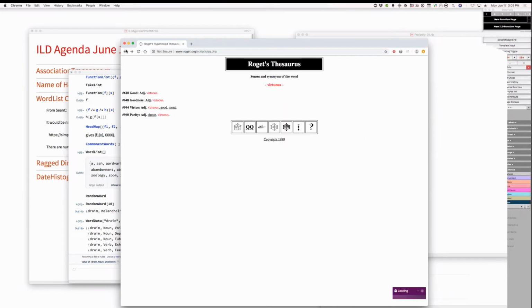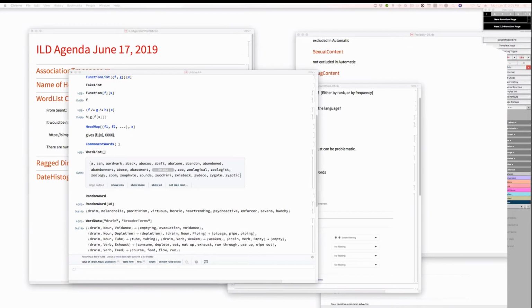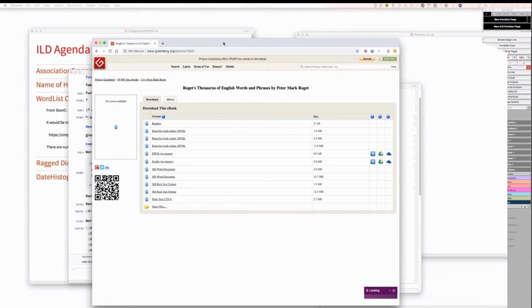But anyway, there's got to be raw data from somewhere where we can just get it. Let's take a look here. Oh yeah, we had a bunch of these things. Plain text, UTF-8, right? That's what we would probably want.